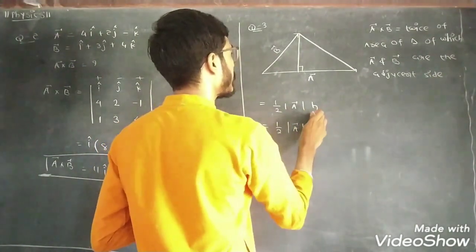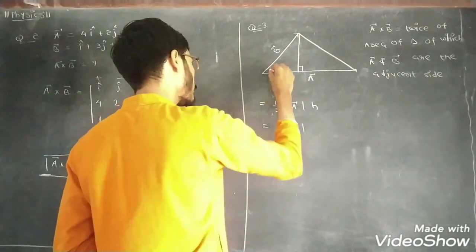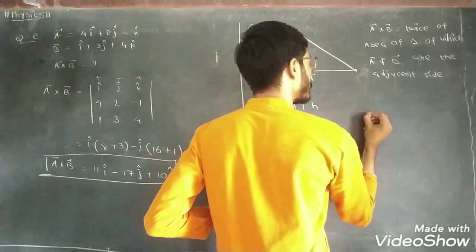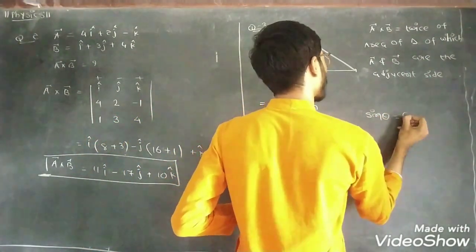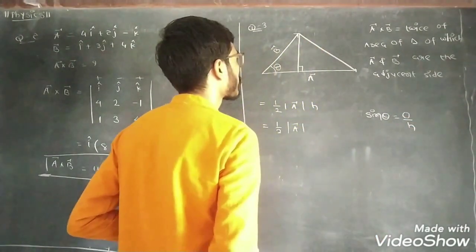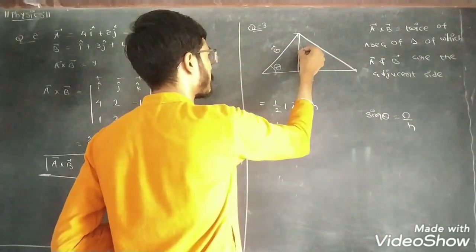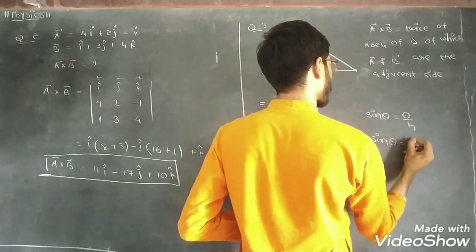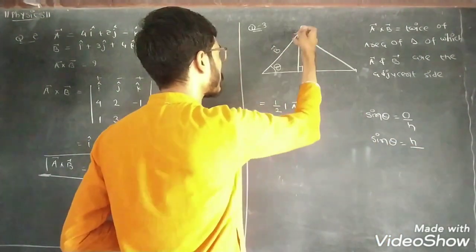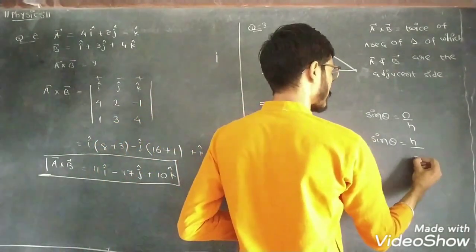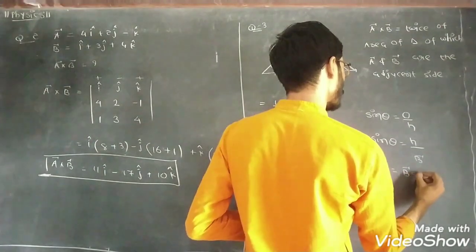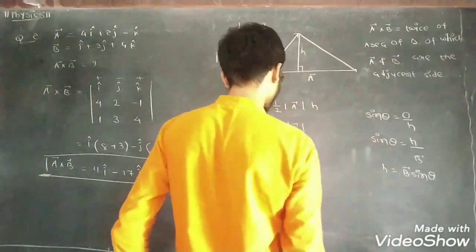So 1/2 as it is, A as it is. For the value of h, suppose the angle here is theta, so sin theta is equal to opposite side upon hypotenuse. The opposite side is h and the hypotenuse is vector B. So the value of height is mode B into sin theta.